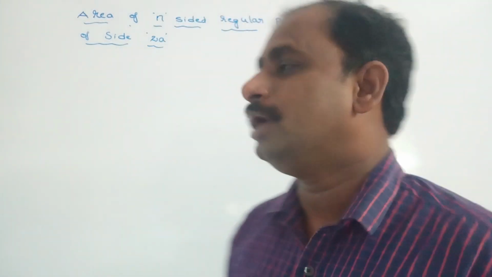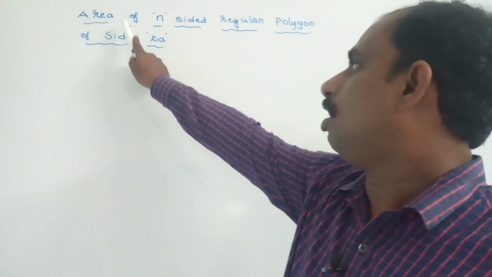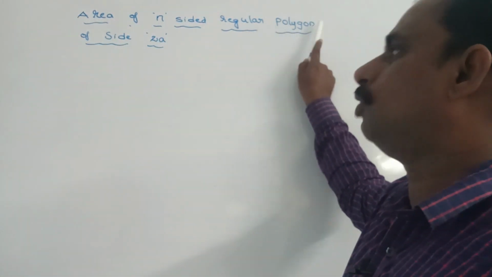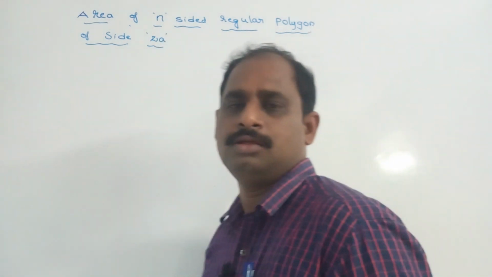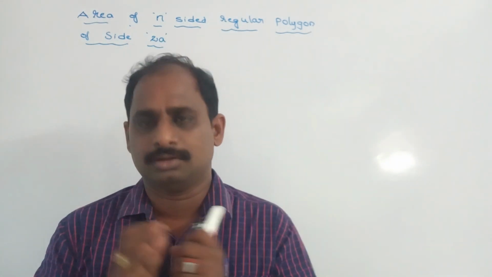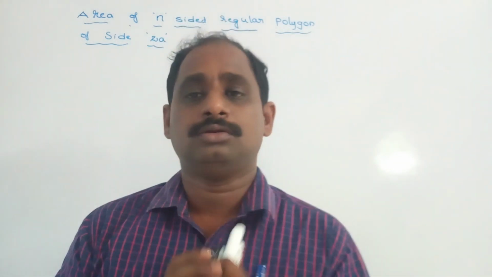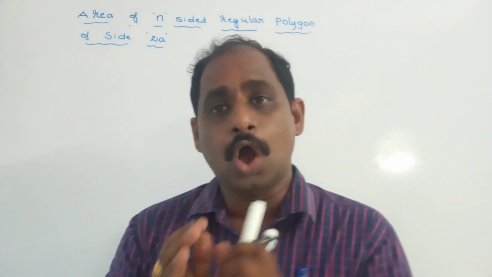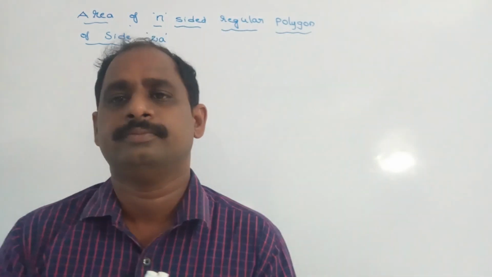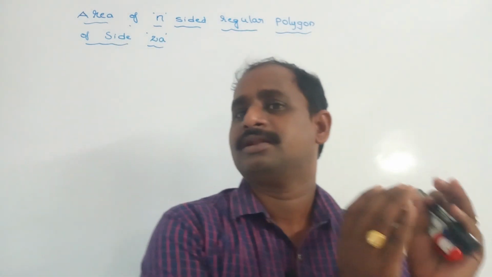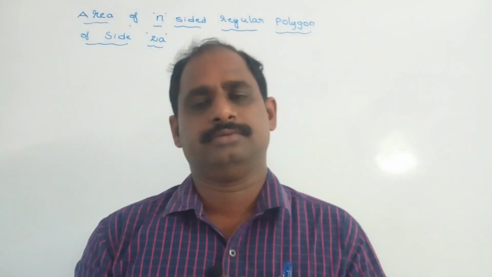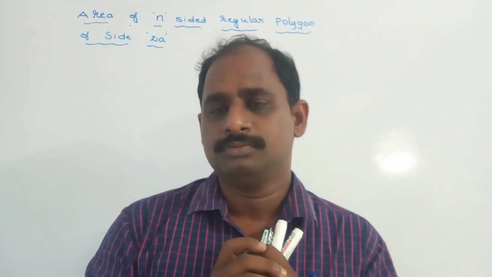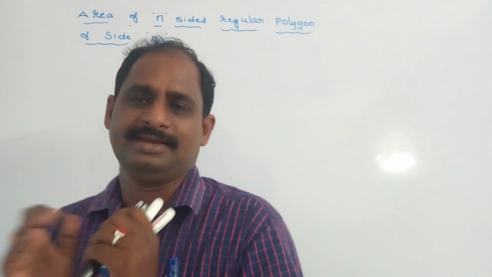Today I am going to explain the area of an n-sided regular polygon of side 2a. What is a regular polygon? A polygon in which all sides are equal and all angles are equal is called a regular polygon. Example, an equilateral triangle.